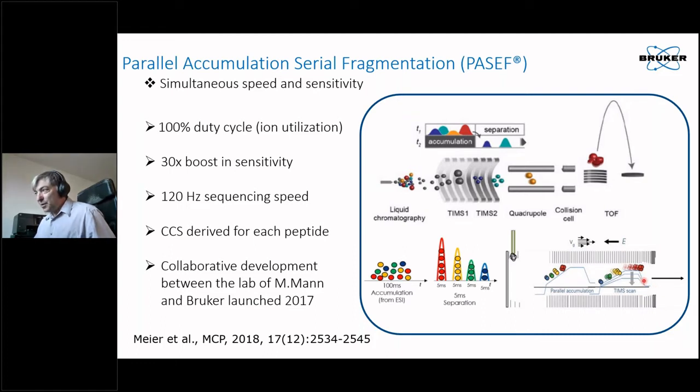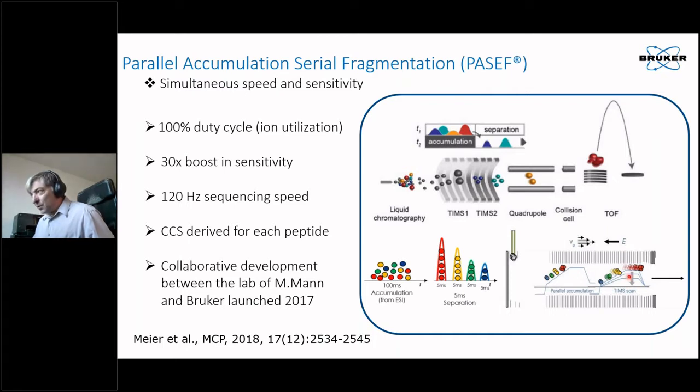Now the serial fragmentation occurs because in the first scan, the first time we drop this potential, we measure their masses, and then we run a precursor selection engine over it, and we determine which ones we're going to fragment on the next 10 scans. Each of these takes 100 milliseconds. In each scan on subsequent scans, we serially fragment the ions according to the selections made by the precursor selection engine.